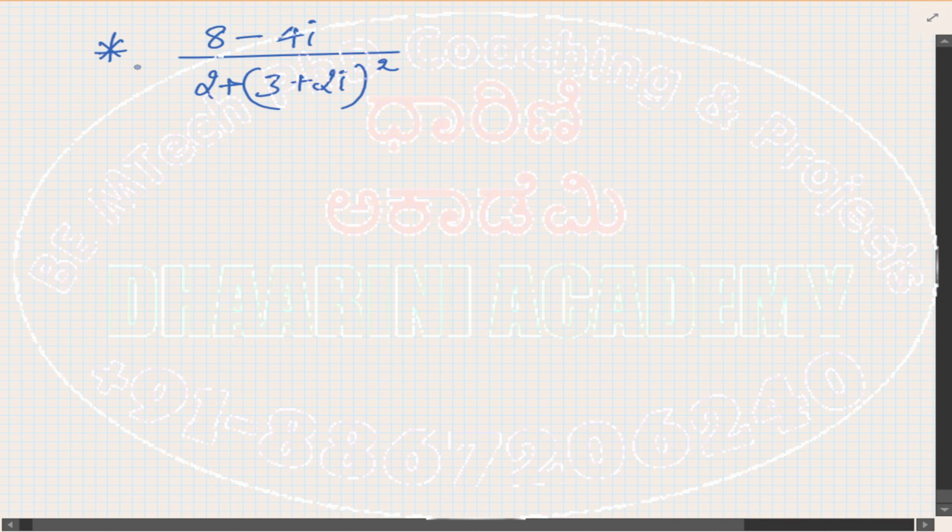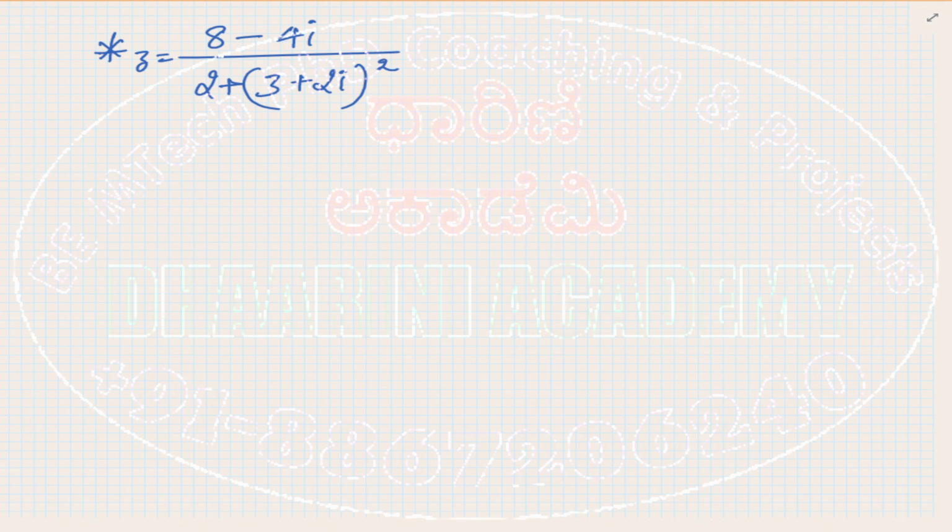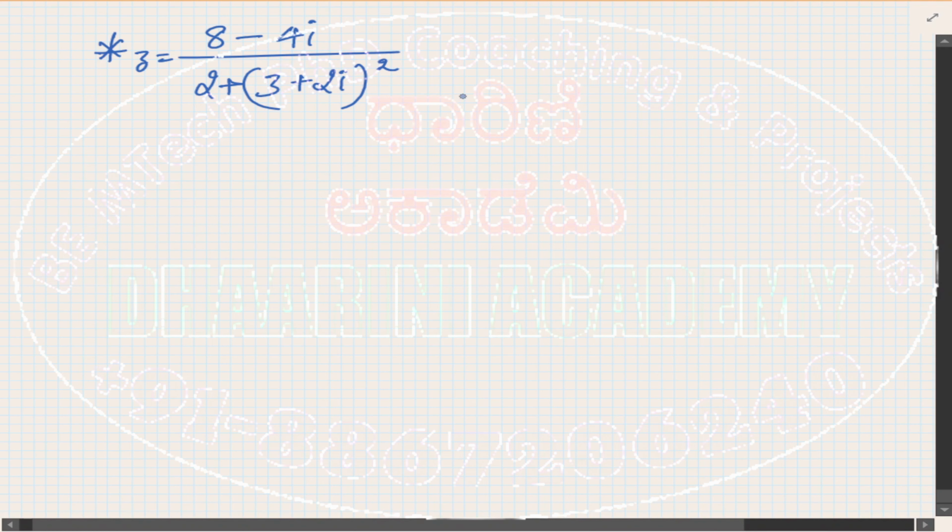This is the given z. Now convert this into r and theta. Our procedure will remain the same. I need to simplify this. We call it rationalization. So 8 minus 4i keep as it is.